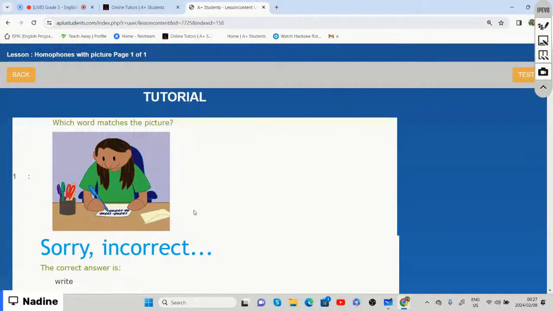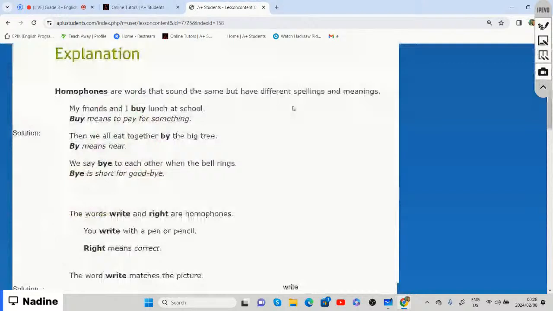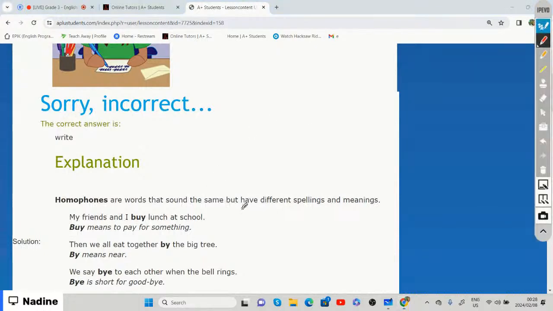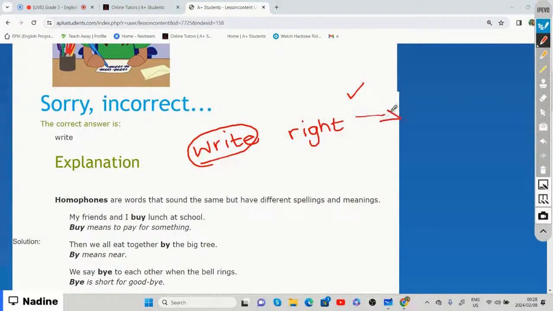We have a girl over there that is sitting and she is doing something with a pen, right? So if we look at that, we can then say she is writing something, right? So W-R-I-T-E, and not R-I-G-H-T. This word is correct, but this word right is either we say something is right or we can give direction, we're saying we're going right.